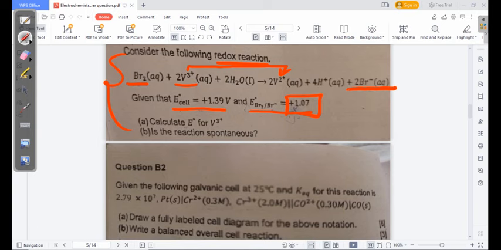So which one do you think is more capable of reacting with water as a half reaction? Is it bromine or the other one? Okay, so try to look at your table for the half reactions.